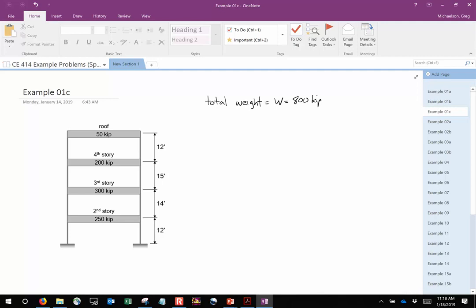That's a good question. For the purposes of this problem, we'll say yes. We'll just assume this. Depending upon the building, that actually usually ends up not being that big of a deal.